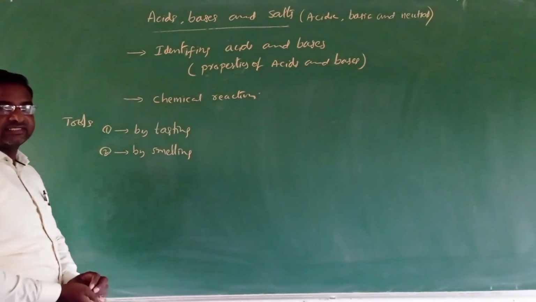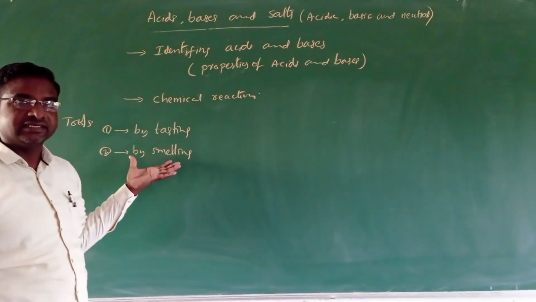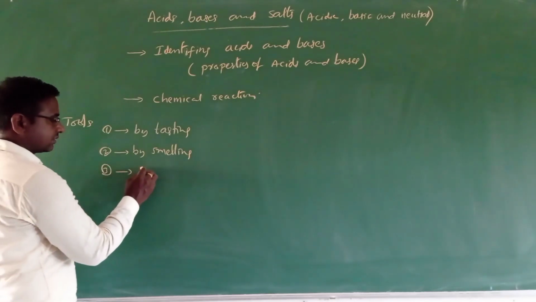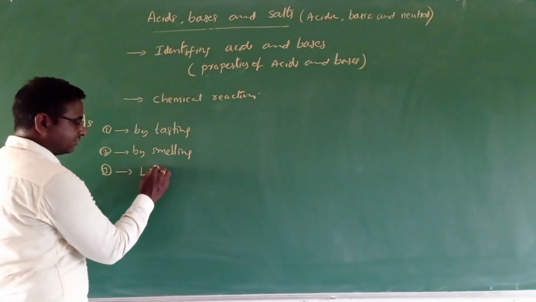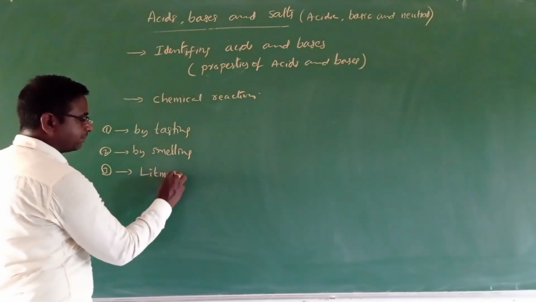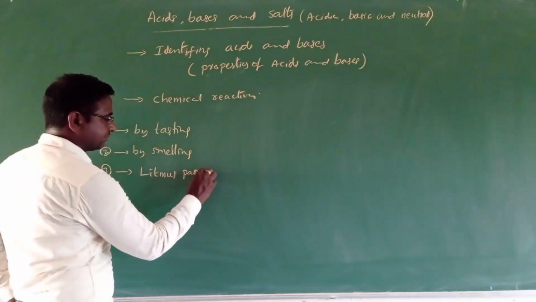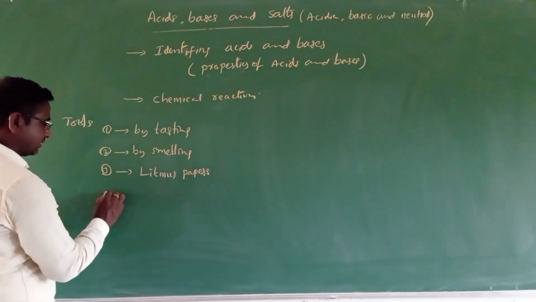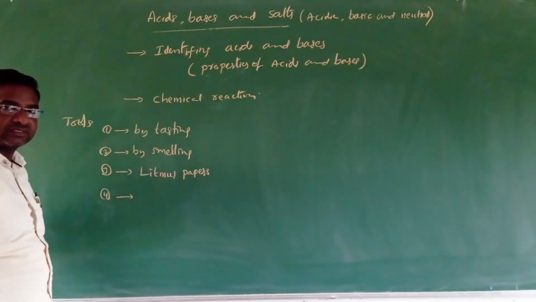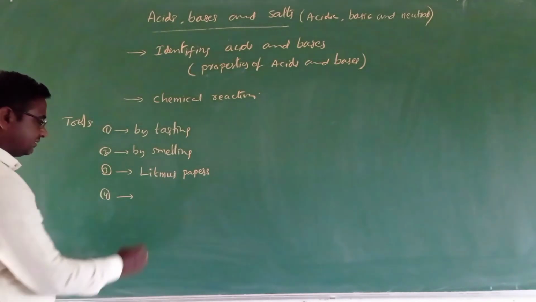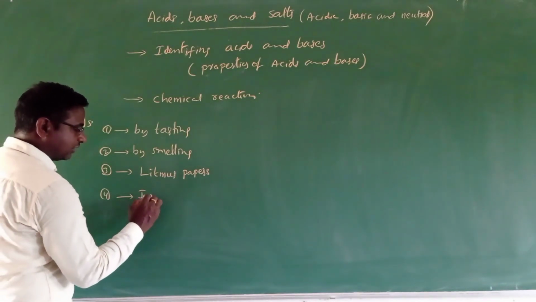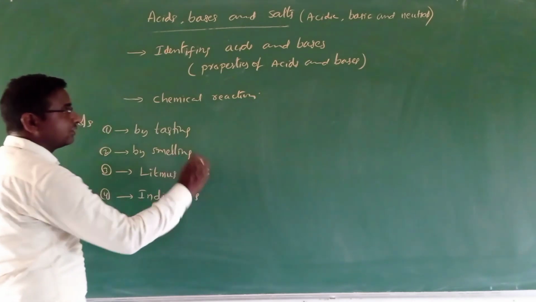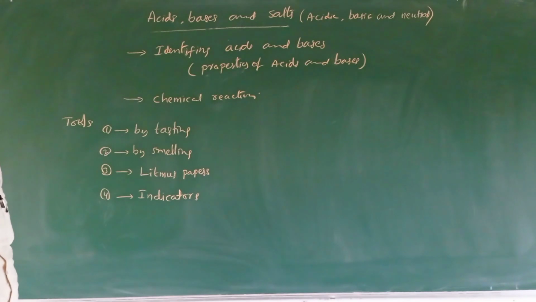Some acids and bases we can also identify by smelling. The third one is litmus papers. The fourth one is with the help of indicators, by using which we can identify whether the given compound is acidic or basic.